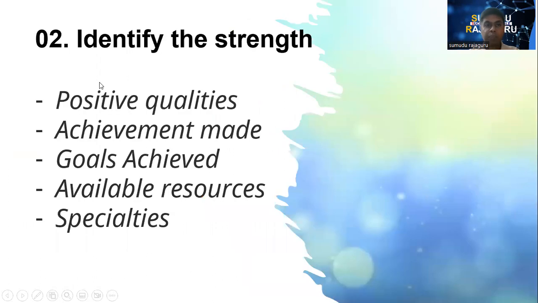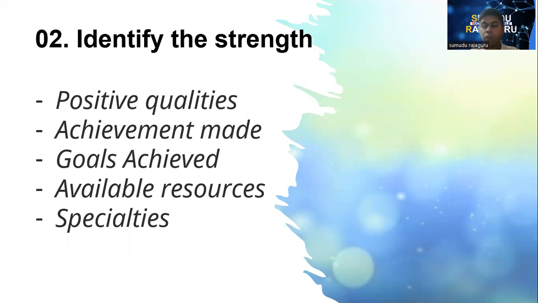Step number 2. Now we have to identify the strength. When we are going to identify the strength, we can ask some questions, based on what the positive qualities are. We can think about what the positive qualities inside the organization are. Then, considering the past history, what are the achievements made by the organization? What are the goals achieved by the organization?